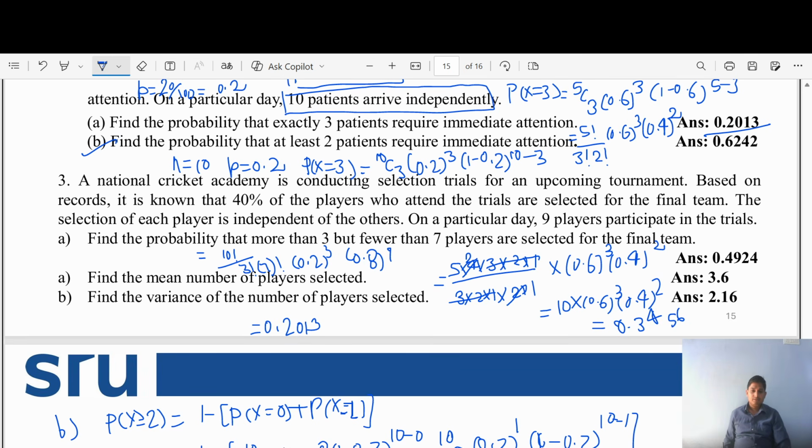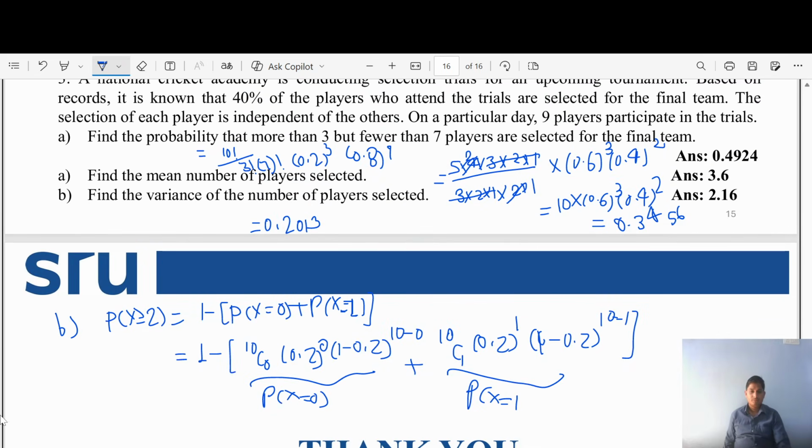So if we solve this, 1 minus 10C0 means 10 factorial over 0 factorial times (10 minus 0) factorial, times 0.2 to the power 0, which is 1, times 0.8 to the power 10, plus 10C1 means 10 factorial over 1 factorial times (10 minus 1) factorial, times 0.2 to the power 1, 0.8 to the power 9. Here 0 factorial is 1, and 10 factorial cancels out, 1 factorial is 1. So this is 0.8 to the power 10 plus 10 factorial over 9 factorial, times 0.2 to the power 1, 0.8 to the power 9.